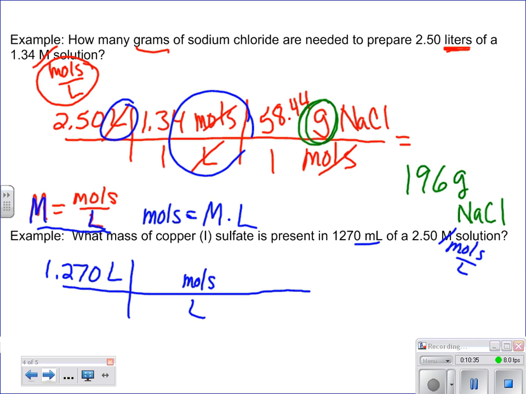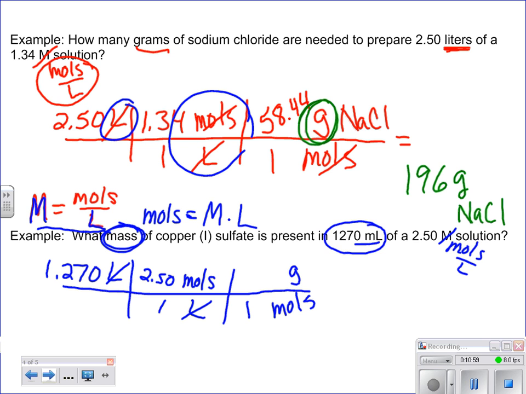We know that 2.5 goes with the moles, 1 goes with the liters. Now we have it as moles. We just have to take it and convert it to grams. 1.270, because what I did was I took this many milliliters. There's 1,000 milliliters in a liter, so we just converted that.